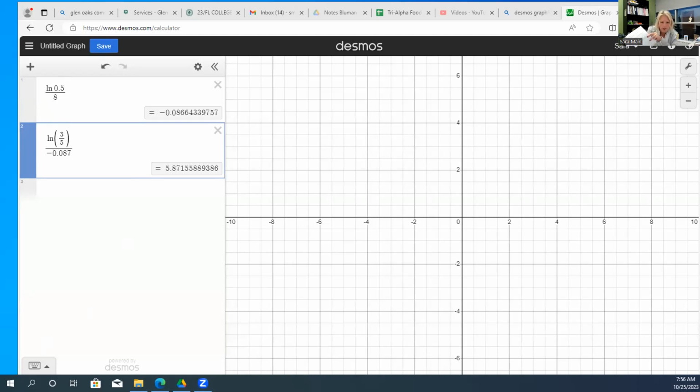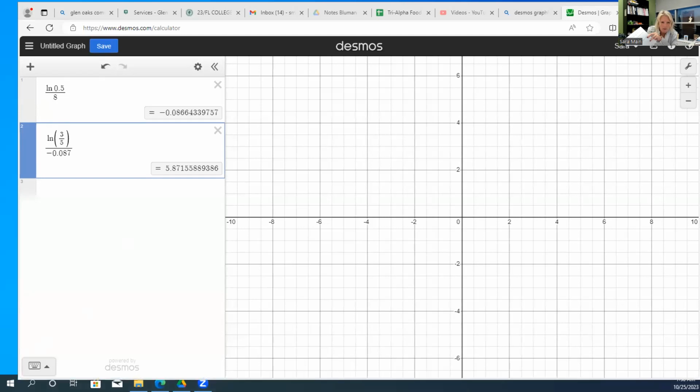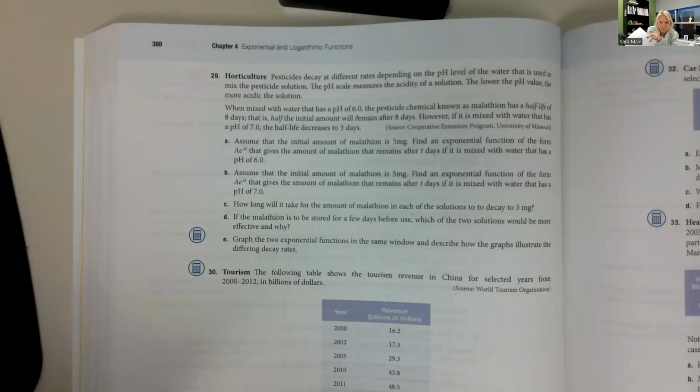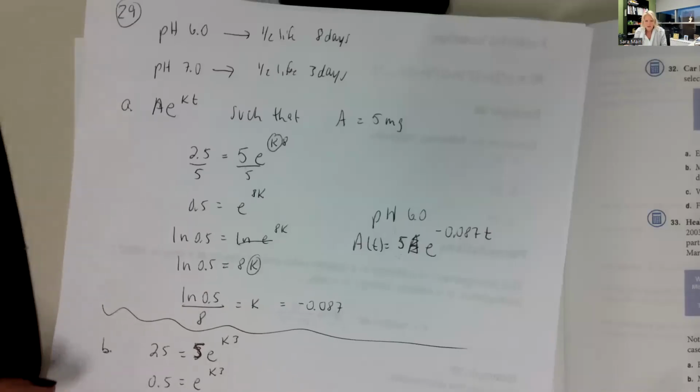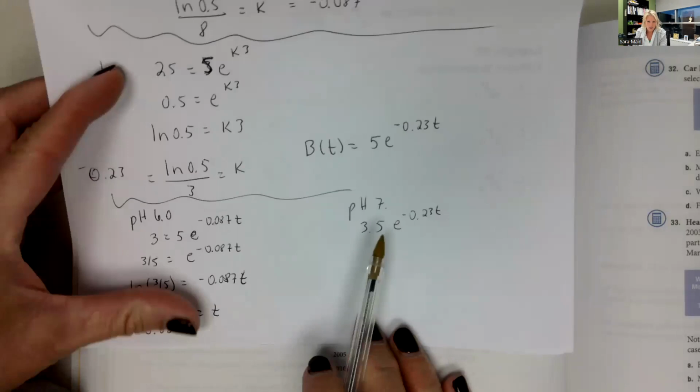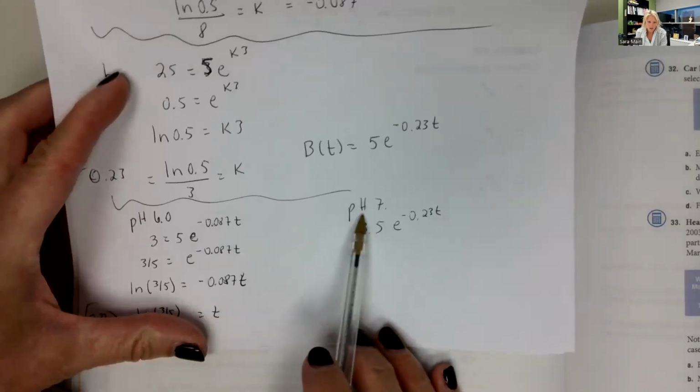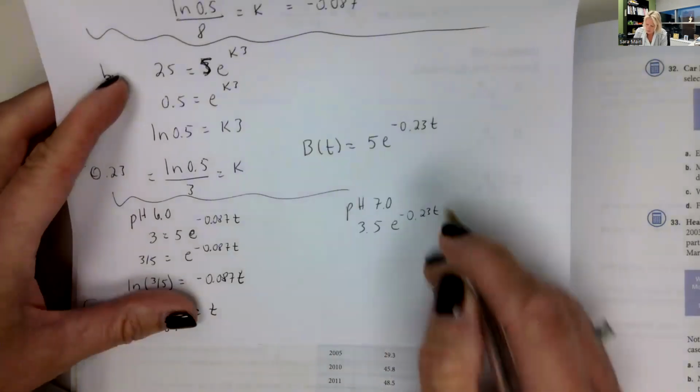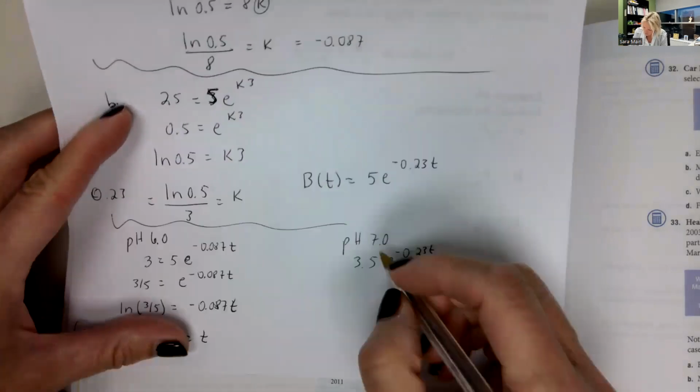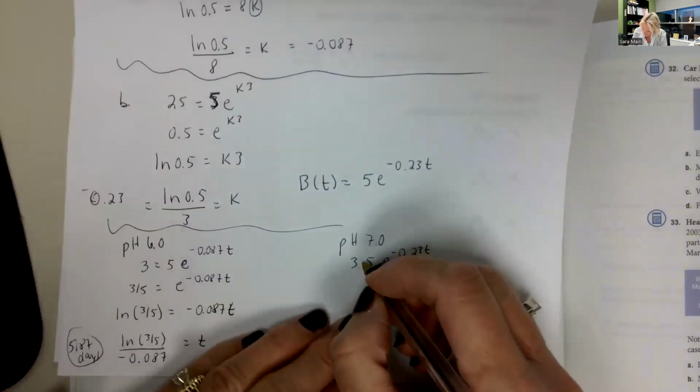Okay, and then likewise, we're going to do the same with the water that has a pH of 7.0. Here's that formula.